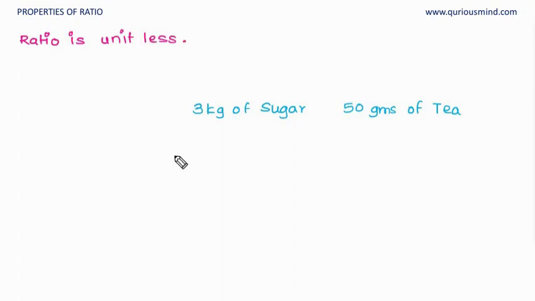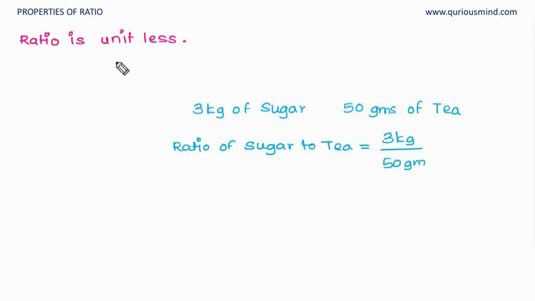Now, if I want to find ratio between sugar to tea, I need to first, as I told you, put it in the fraction format. So 3 kilogram of sugar upon 50 grams of tea. Now, can we cancel these units? Here is kilogram, here it is gram. No, we cannot. So then in the ratio, the units will stay.